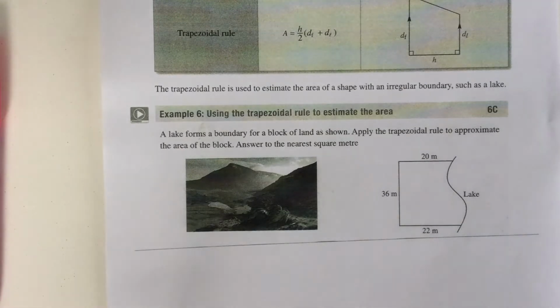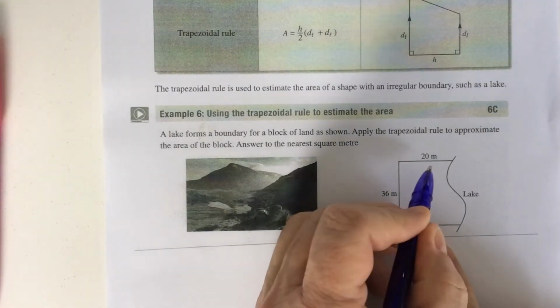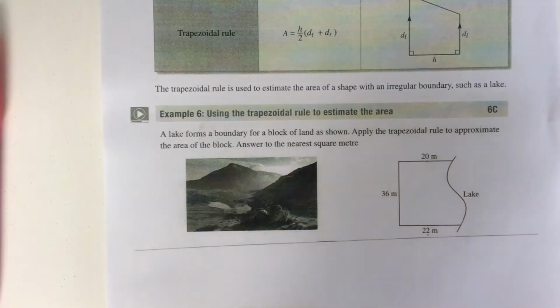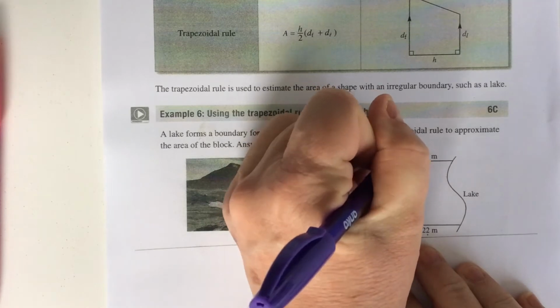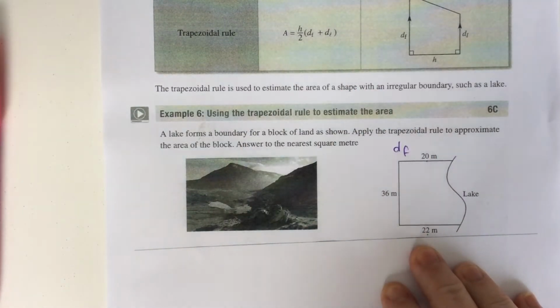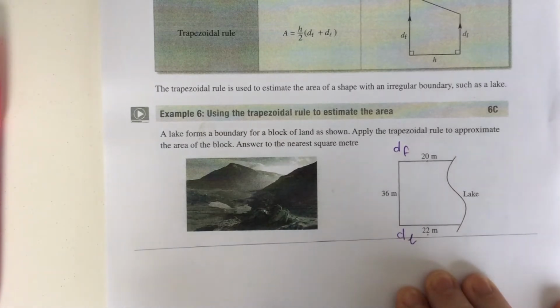So we have in this example here the 22 and 20. Basically, if we look at it side on, this here would be our DF for our first line, and the 22 will be the DL for the last line. The 36 will be the height.